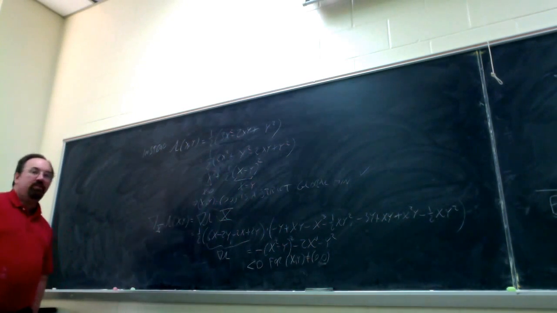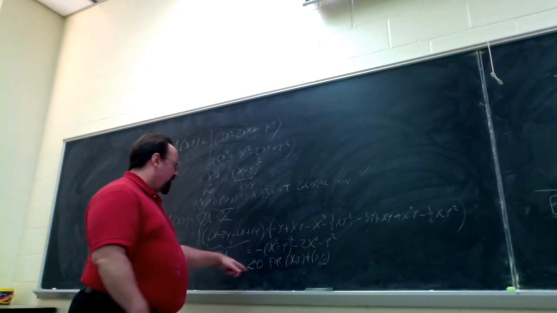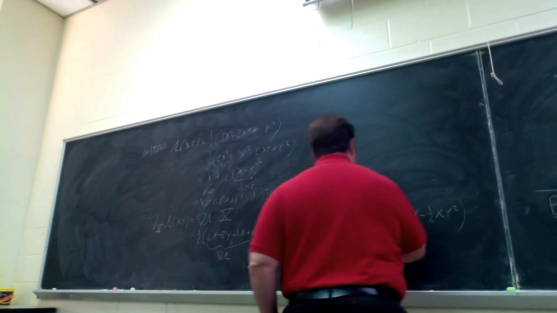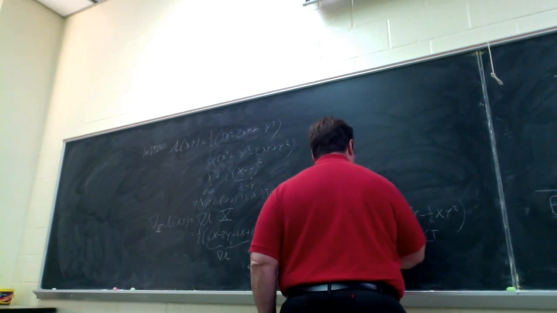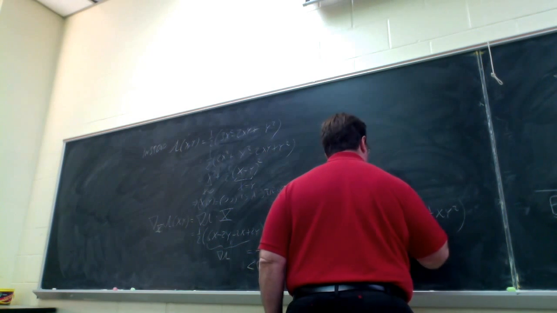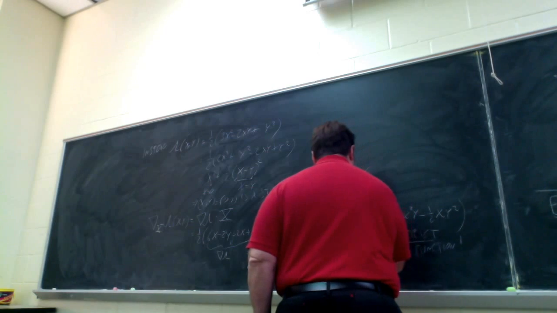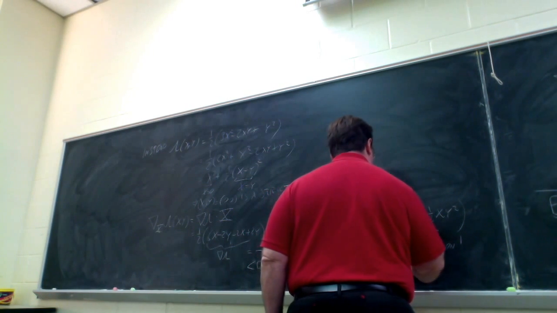So now it meets the second condition for a Lyapunov function. In fact, because it's strictly less than 0, we find that lambda is a strict Lyapunov function. So that means that 0, 0 is asymptotically stable.